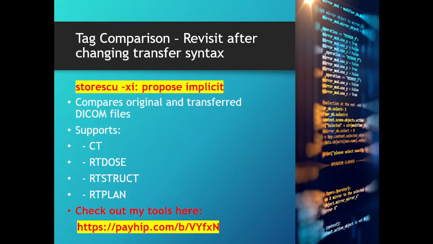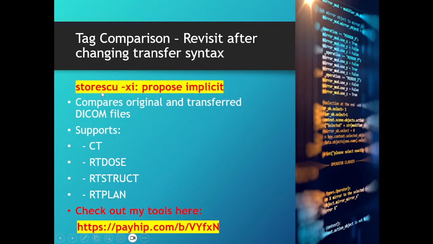So then how do we, if we really want to keep whatever the initial transfer syntax is, first check what the transfer syntax is in the original. And if it is explicit VR, then we don't need to do anything because storescu by default will propose that syntax.